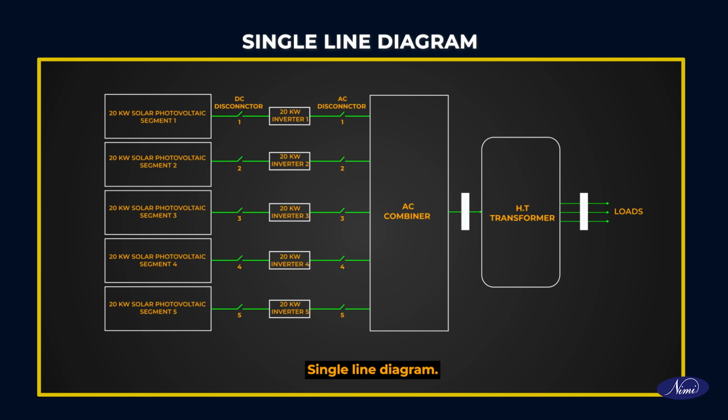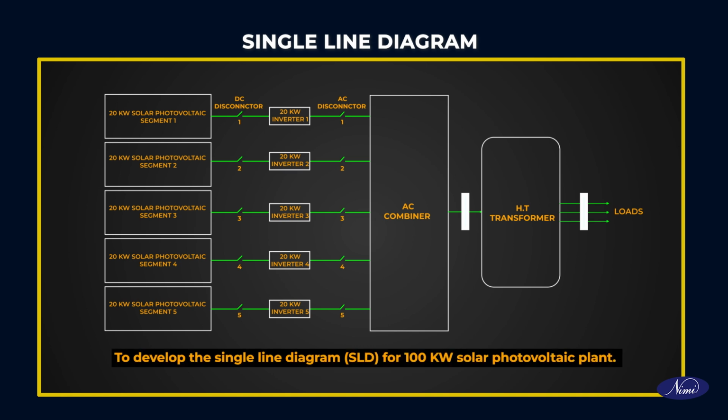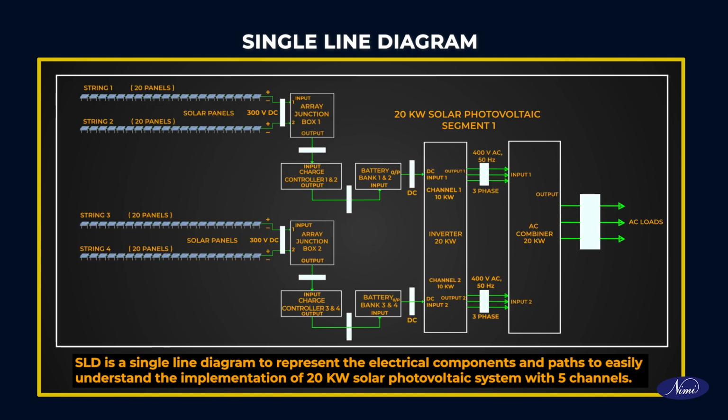Single line diagram. To develop the single line diagram for the 100 kilowatt solar photovoltaic plant, SLD is a single line diagram to represent the electrical components and paths to easily understand the implementation of the 20 kilowatt solar photovoltaic system.